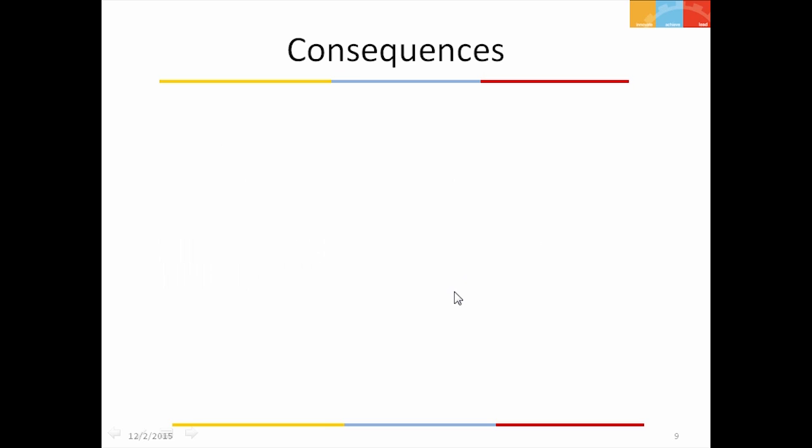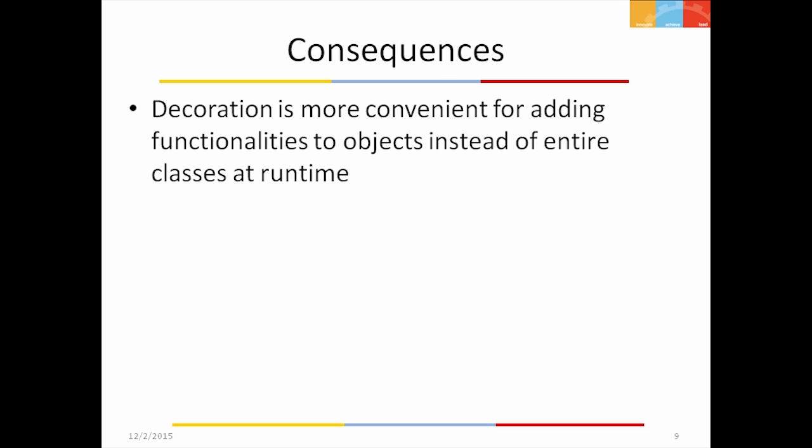So let's look at various consequences. Decoration is essentially a more convenient mechanism for adding functionalities to objects instead of the entire class at runtime. Using this, you can add functionality, as you can see in this example of file IO, that on top of file reader at runtime you are adding a buffering capability.